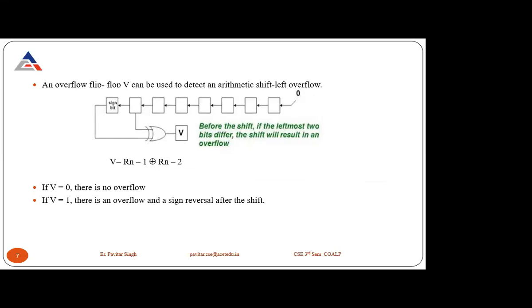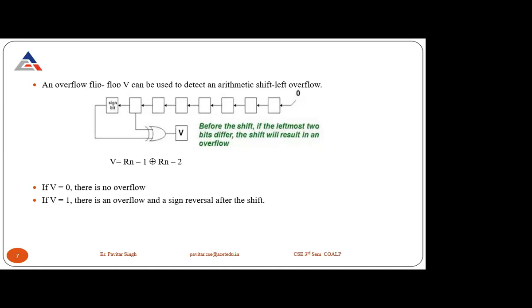As you know, the XOR gate gives 0 for 0 0, 1 for 0 1, 1 for 1 0, and 0 for 1 1. So this is your XOR gate.